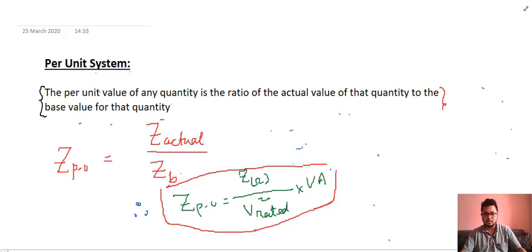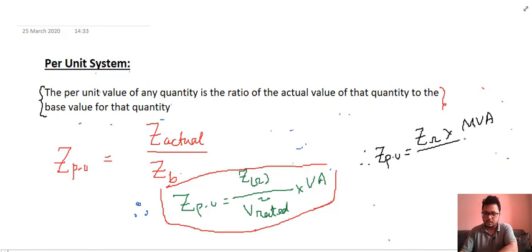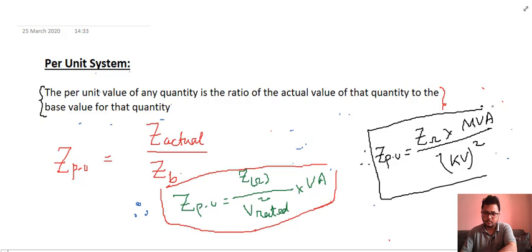Therefore finally, Z per unit equals Z ohm into MVA divided by kV square. This is the main formula. You should remember this Z per unit, because every time we will be using this formula to calculate the Z per unit value.